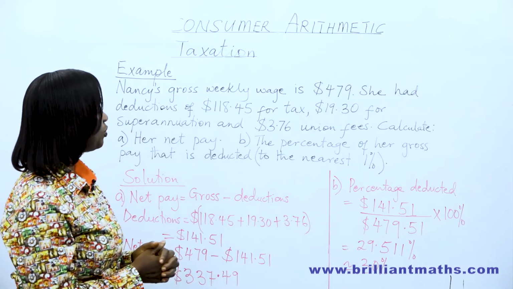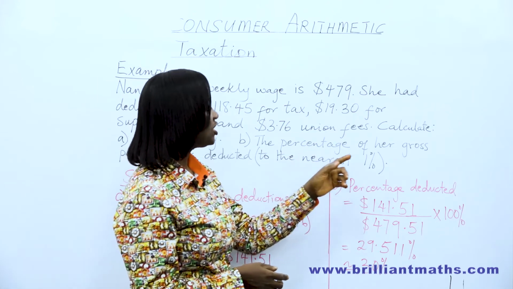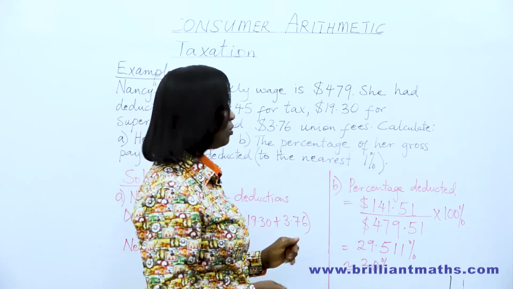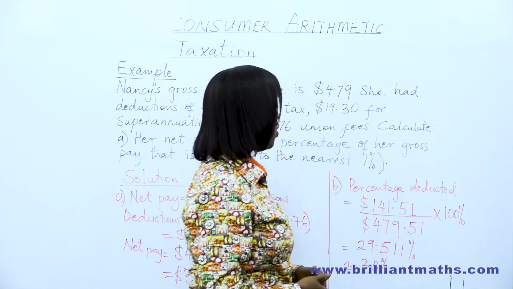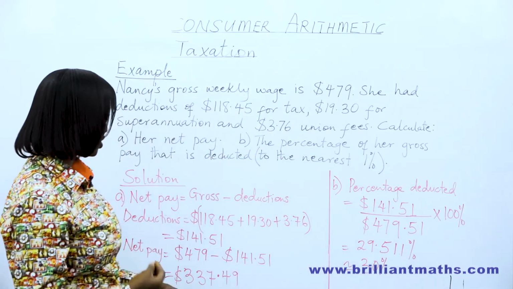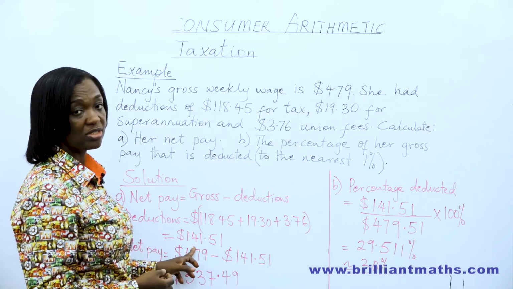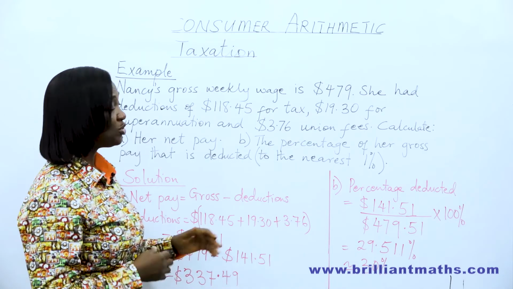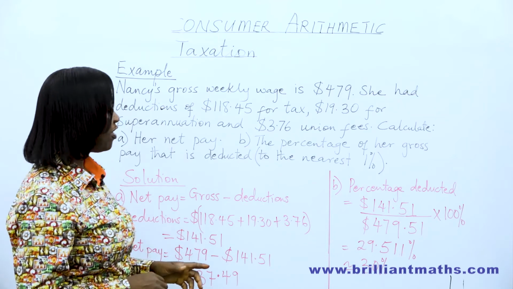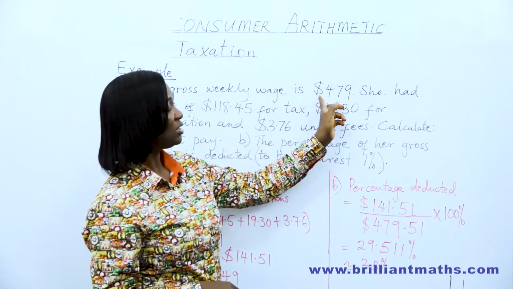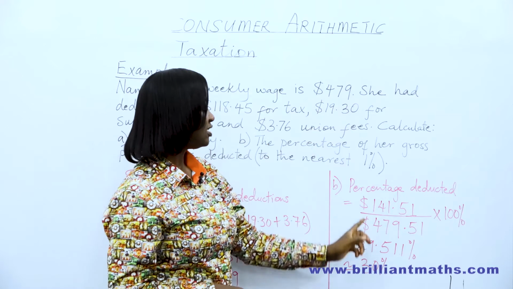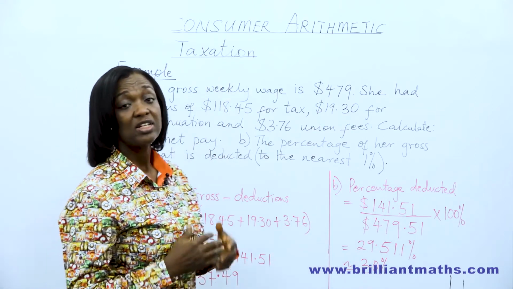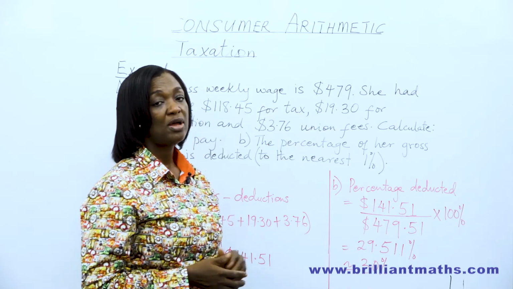Secondly, we are supposed to find the percentage of her gross pay that was deducted. So percentage deducted will be the actual amount deducted, which is the total deductions of $141.51 over the gross, which is $479.51 times 100%.